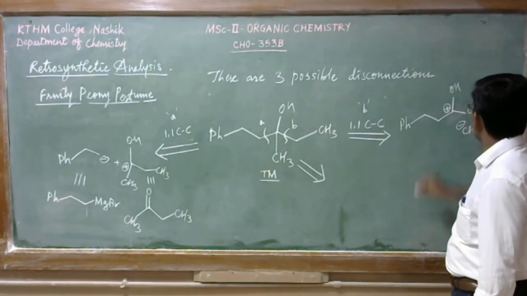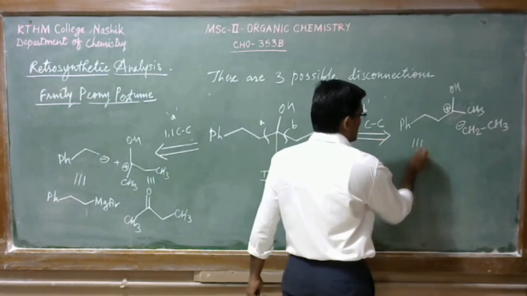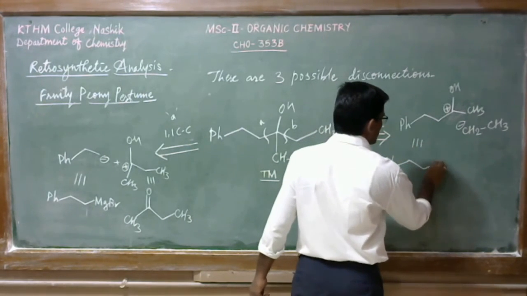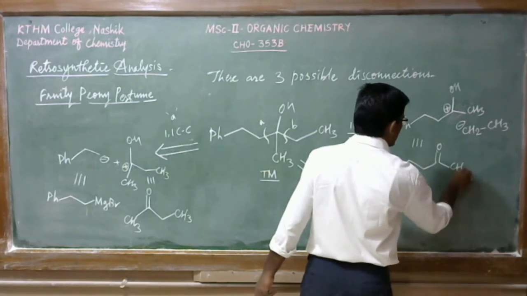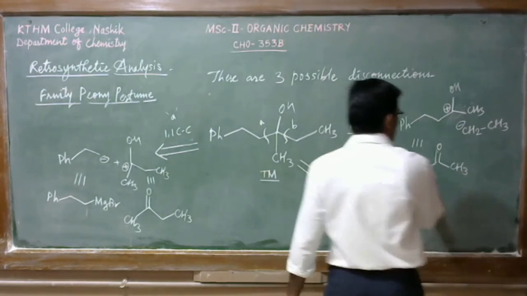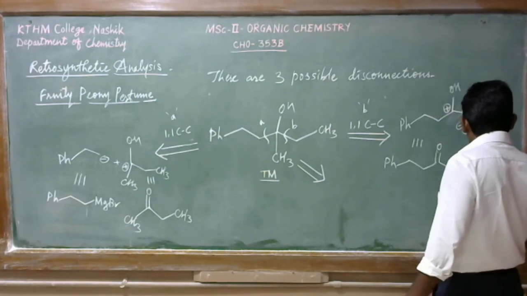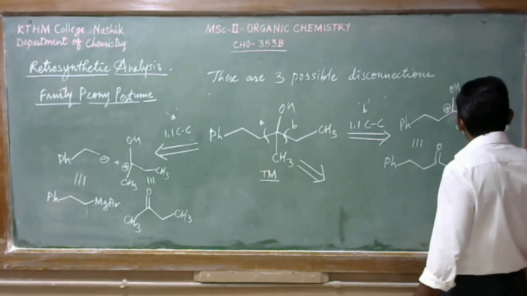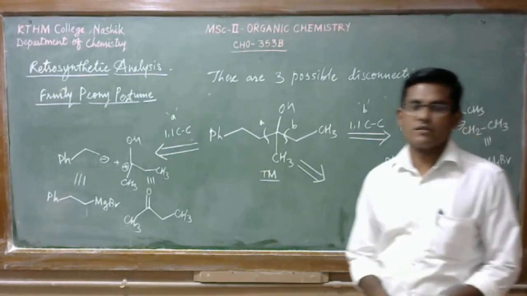So let us translate these synthons into their respective chemical equivalents. So this will be ketone, and this ethyl magnesium bromide. Okay, these are the chemical equivalents.